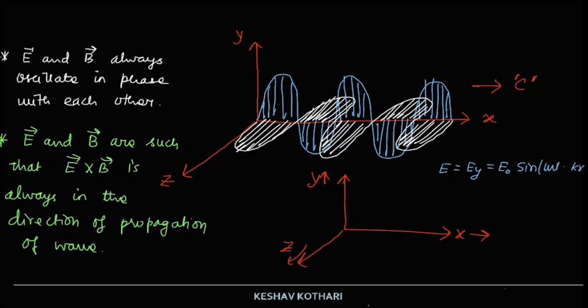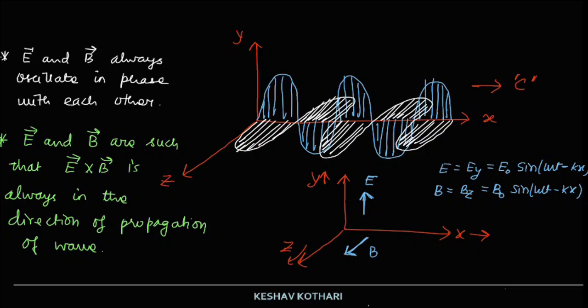The wave is traveling in the positive x axis direction. And the value of B, which is Bz, is equal to B naught sine of omega t minus kx. The magnetic field is in the z axis direction and it is also propagating in the x axis direction.